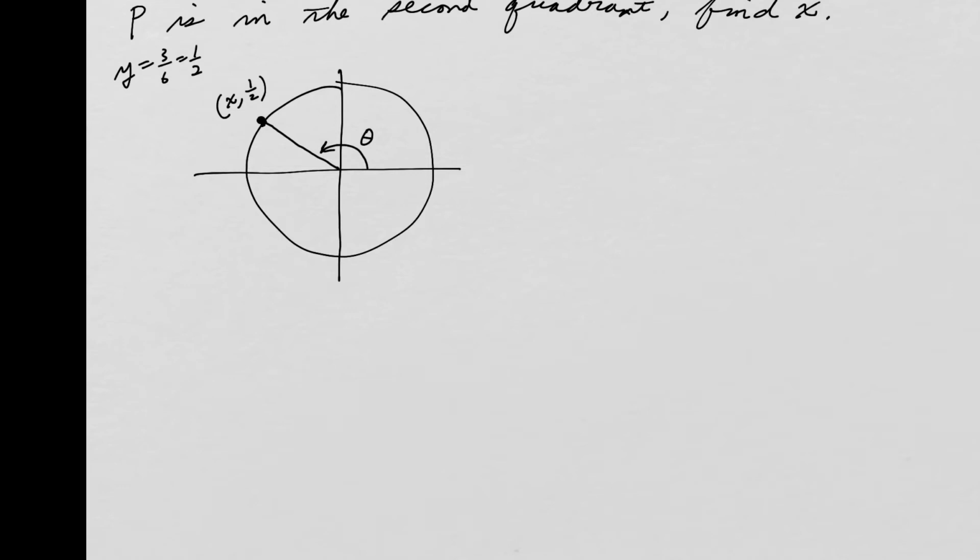Well, what we could do is use the Pythagorean theorem, right? Here, I'll extract out this right triangle. So this is y, that's known, that's 1/2, and then this is going to be x. And since it's a unit circle, this radius is 1.